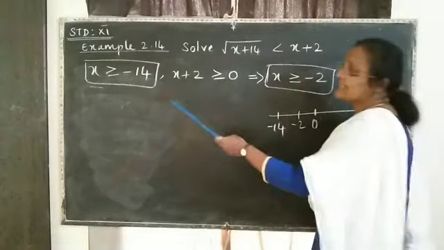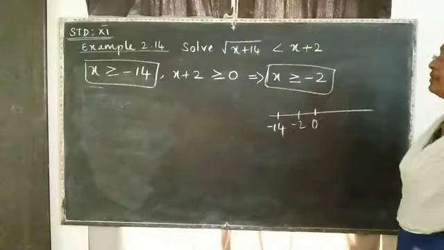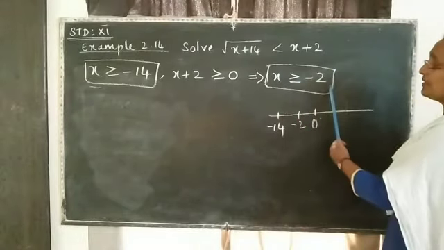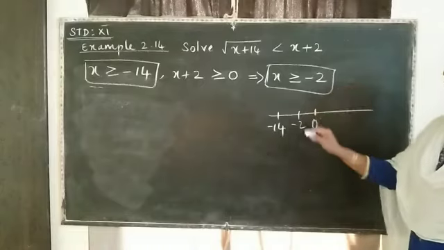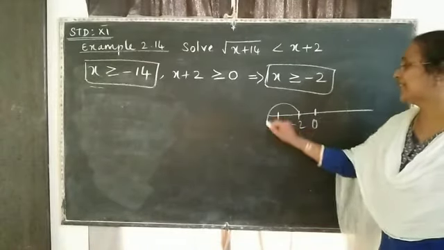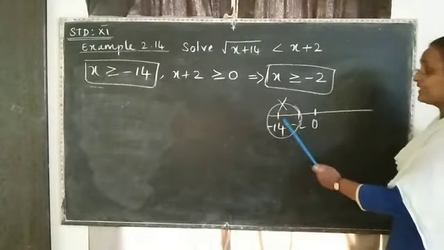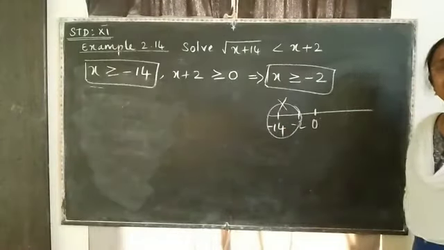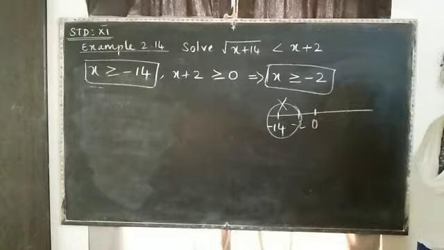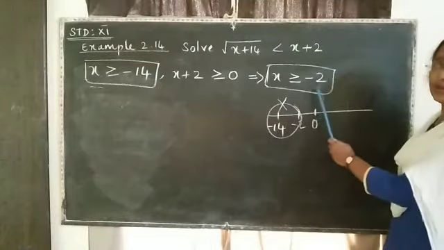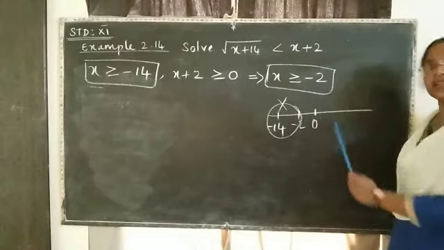So x is greater than or equal to minus 14, and x is greater than or equal to minus 2. இந்த சைடில் இருக்கிற வேல்யூஸ் எதுவுமே சொல்யூஷன் ஆகாது. இதை தாண்டி இருக்கிற வேல்யூஸ் தான் சொல்யூஷனை கொடுக்கும்.